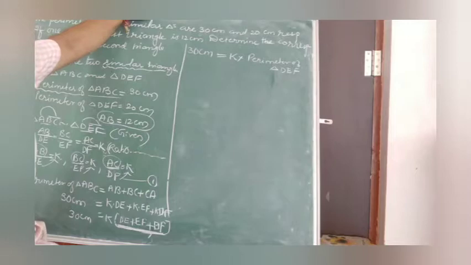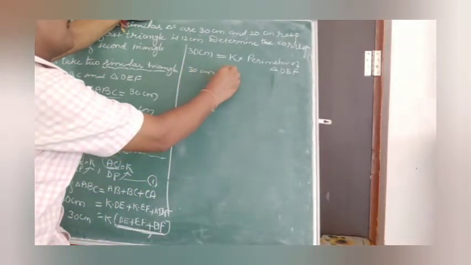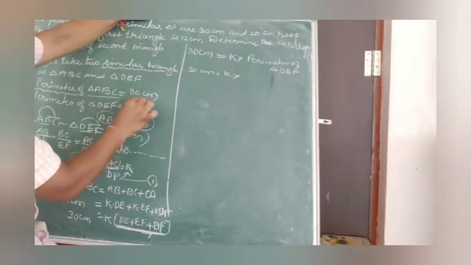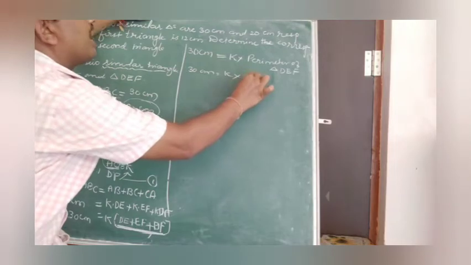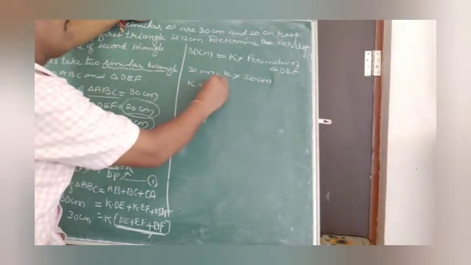Right? Now we are close to our answer. 30 centimeter is equal to K into how much? Perimeter of triangle DEF is given, children. It's 20 centimeter.